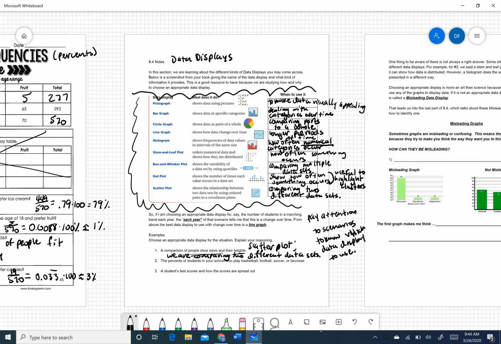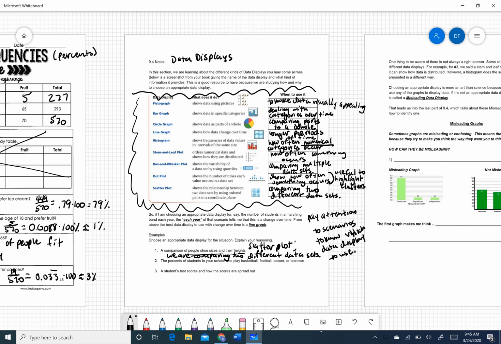All right, and number 2, the percent of students in your school who play basketball, football, soccer, or lacrosse. There are a couple of different options here, not saying that one is better than the other. Since we were talking about percents, the first thing that might have come to your head was a circle graph, and that's absolutely a good opportunity to use a circle graph.